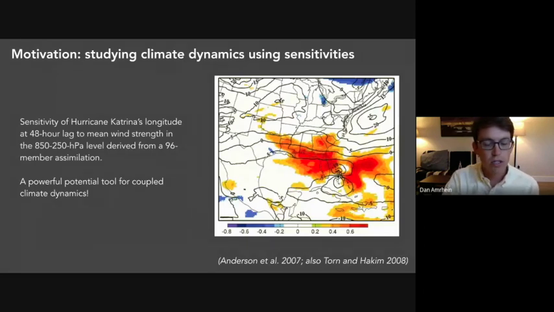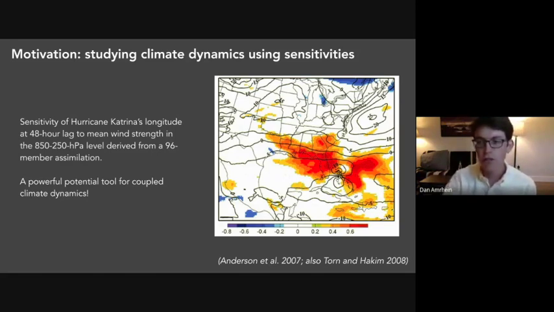Data assimilation also provides us with a suite of tools that can provide dynamical insights that are complementary to those that you get from forward models. So this is an example of something from the weather world, the ensemble sensitivity of the longitude of a tropical cyclone at a particular time, lag 2 days in advance, to wind strengths.